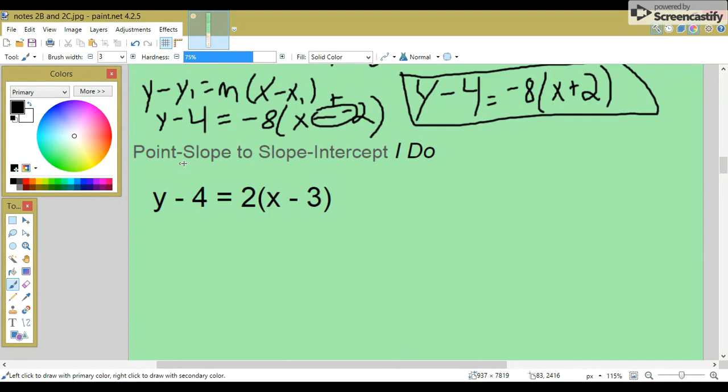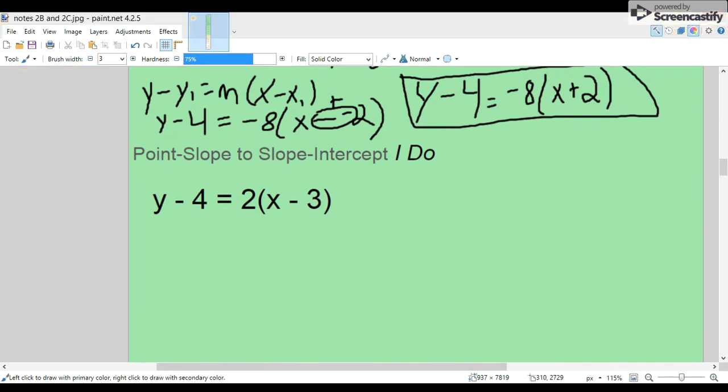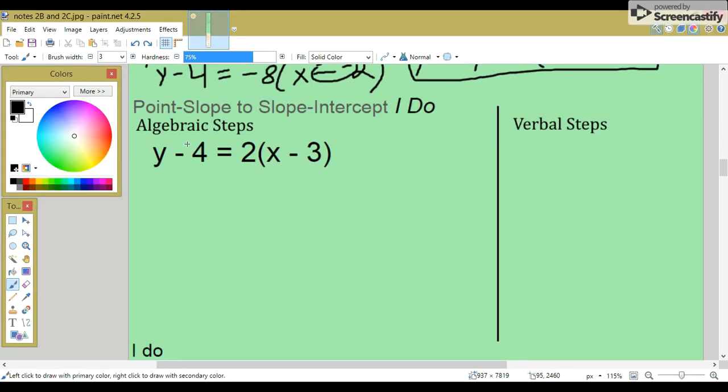Point-slope to slope-intercept. The first step, distribute the 2, multiply each term in the parentheses by 2. So we have y minus 4 equals 2 times x is 2x. 2 times negative 3 is negative 6.